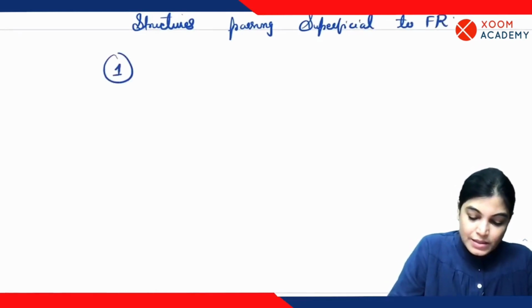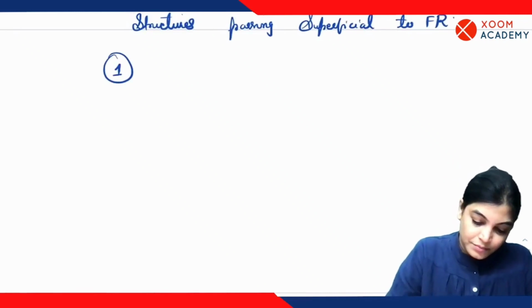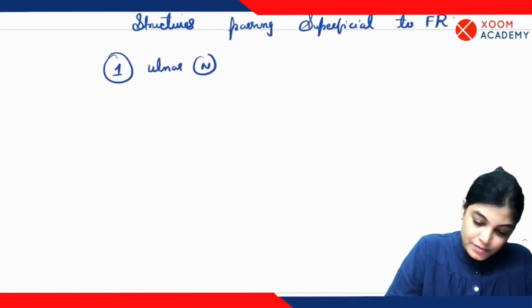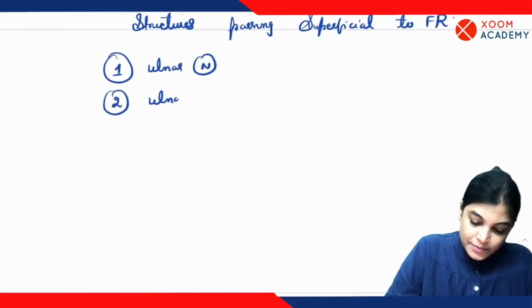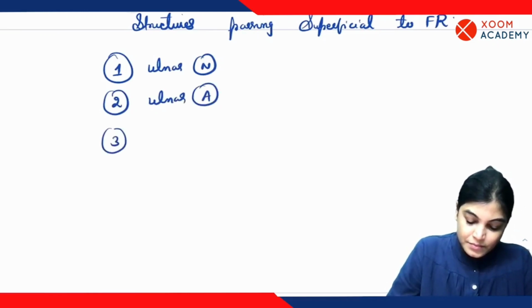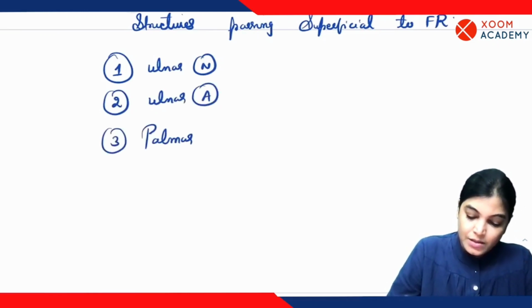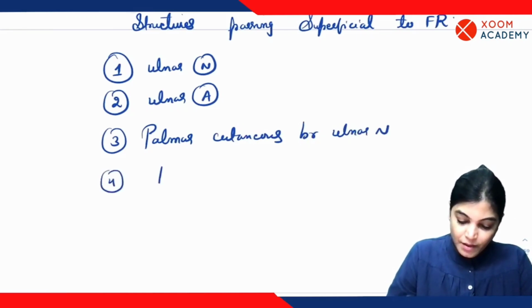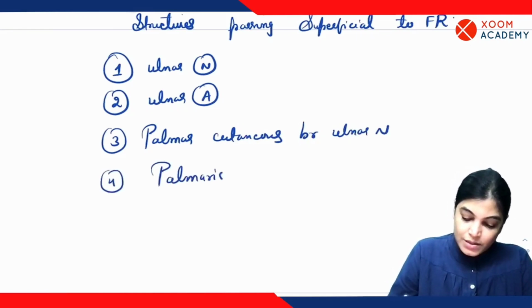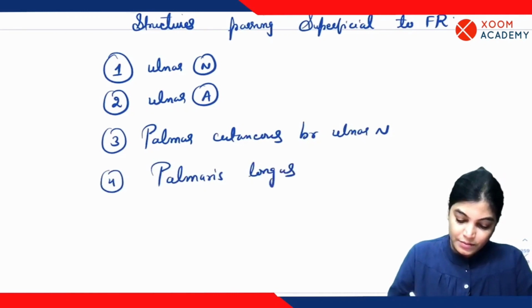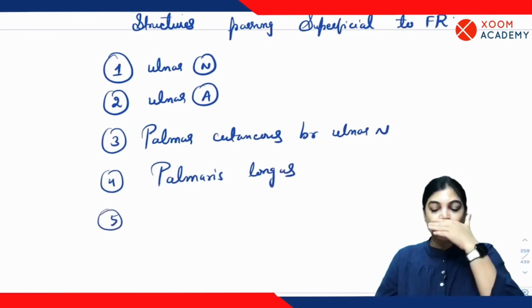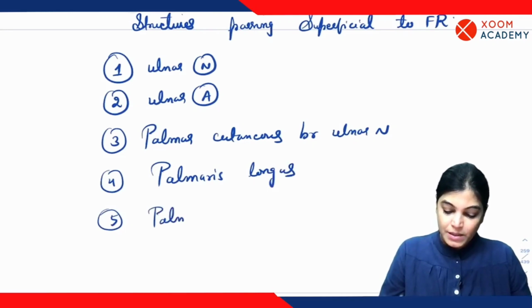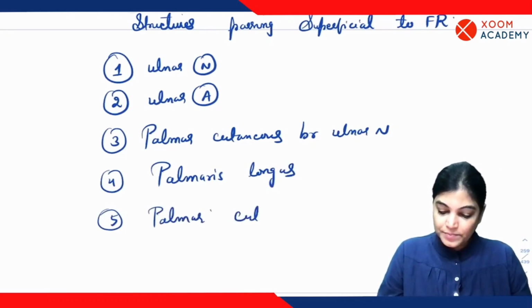The structures passing superficial to flexor retinaculum are the following: ulnar nerve, ulnar artery, palmar cutaneous branch of ulnar nerve, palmaris longus muscle tendon, and palmar cutaneous branch of median nerve.